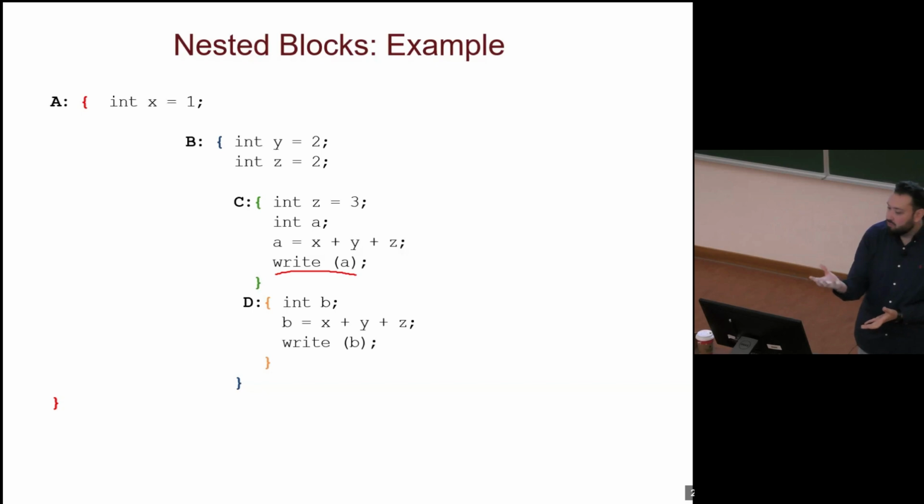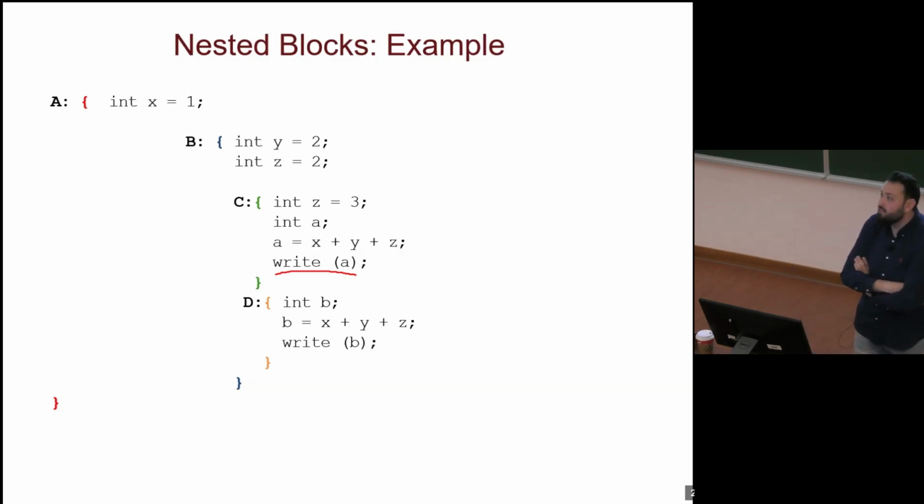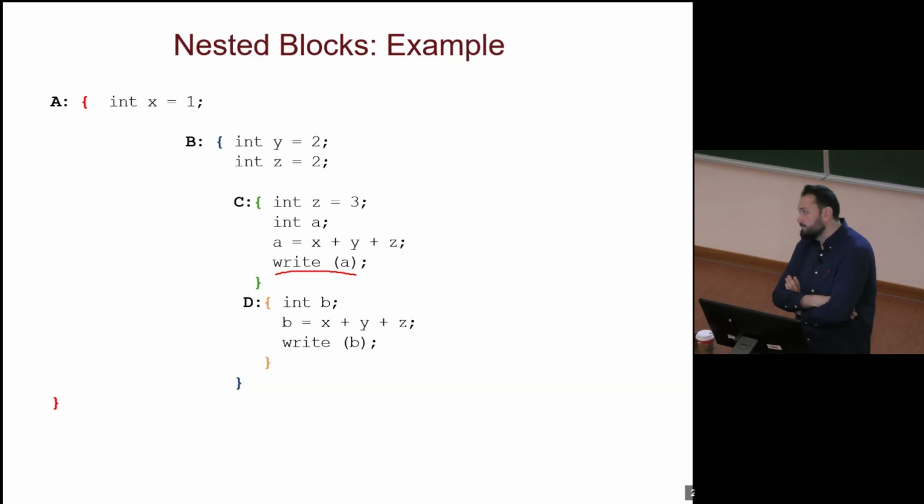Who got the idea of right A? Who has an answer, even if you don't want to participate? I just want to see if anyone got an answer. So 1, 2, 3. Okay, very good. More than half of the class. Okay, who doesn't have an answer and wants to solve it with me?